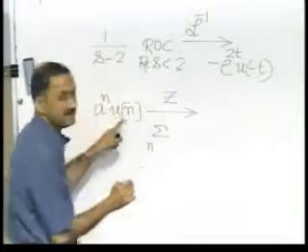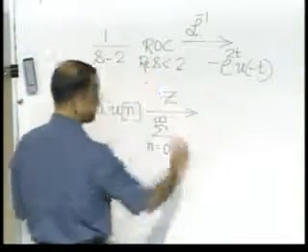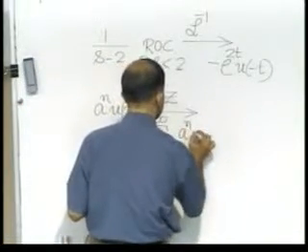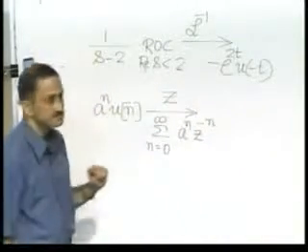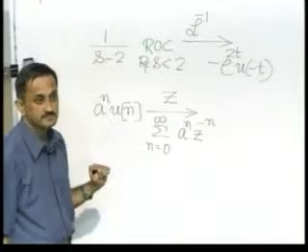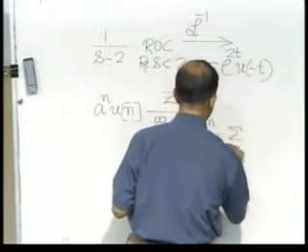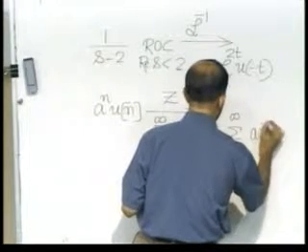Since there is a u[n] here, the summation runs only from 0 to infinity, of a raised to the power of n, z raised to the power minus n, which is summation n going from 0 to infinity, (a z inverse) raised to the power n.